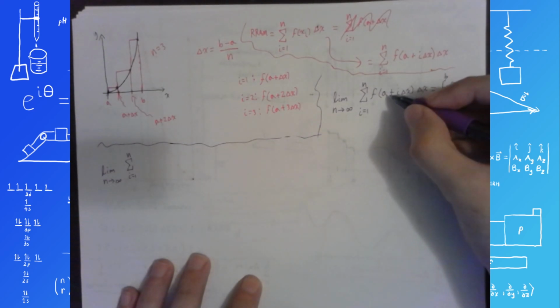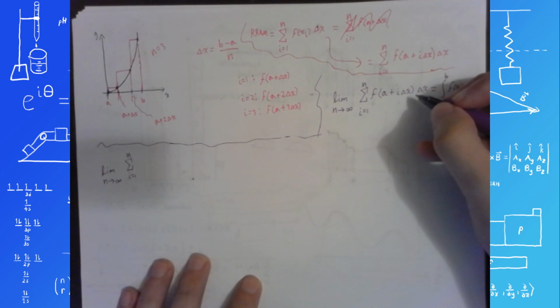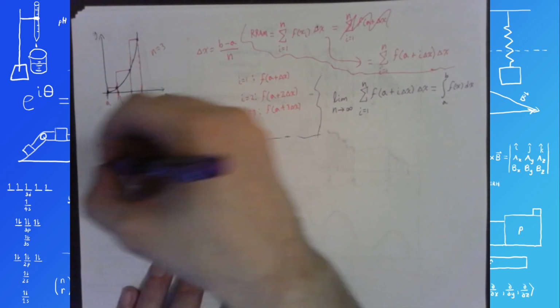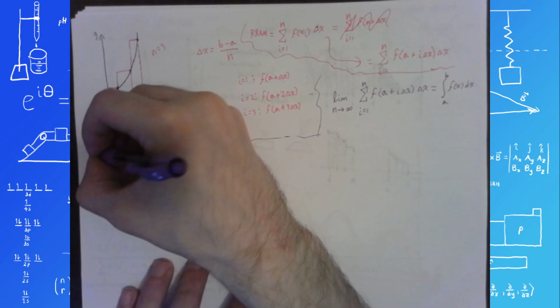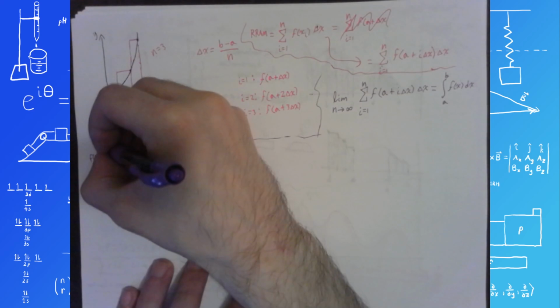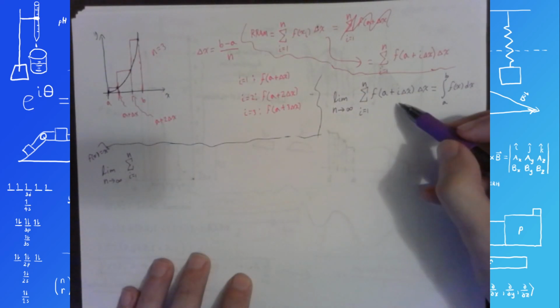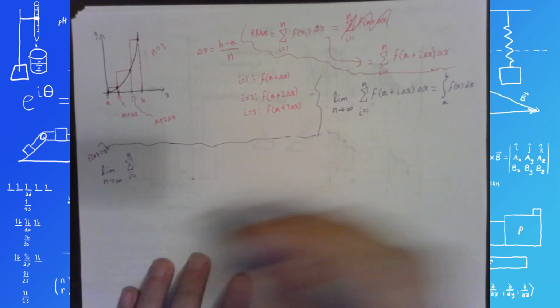Well, f of a plus i delta x is just the square of whatever you put in here. This is for f of x equals x squared. For f of x equals x squared, f of this whole thing is just this whole thing squared.